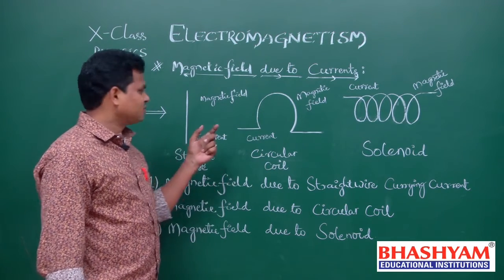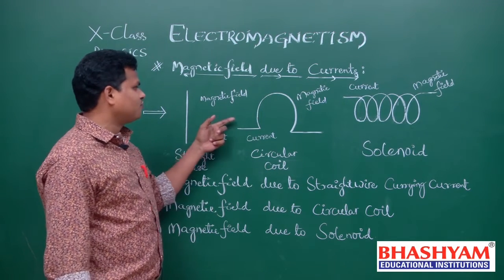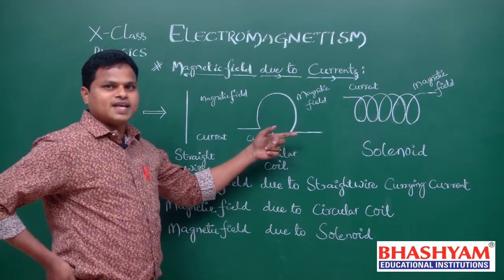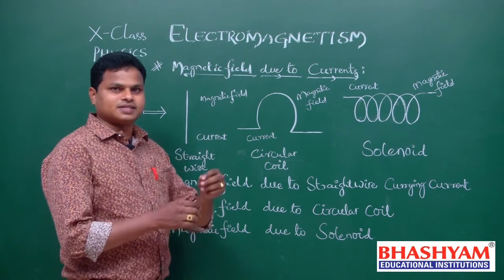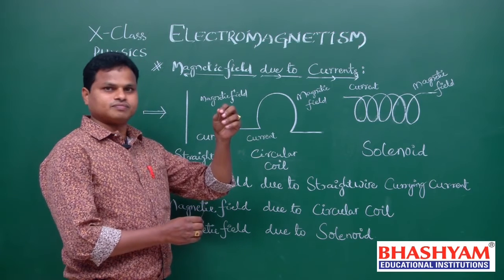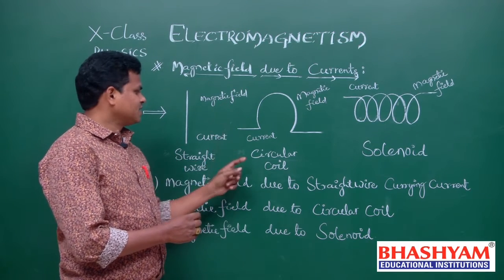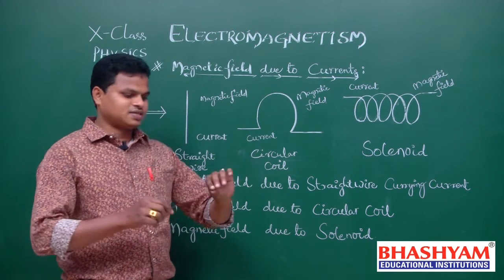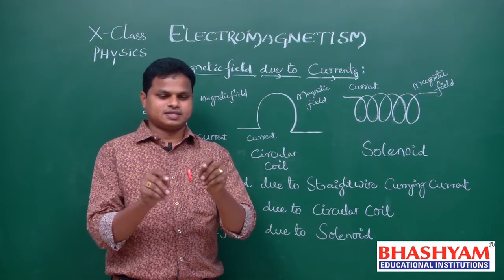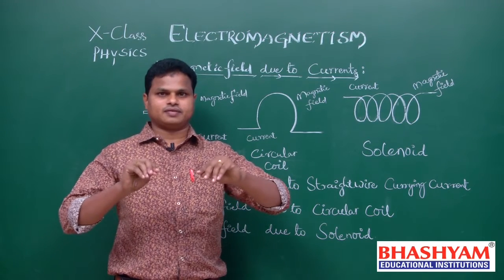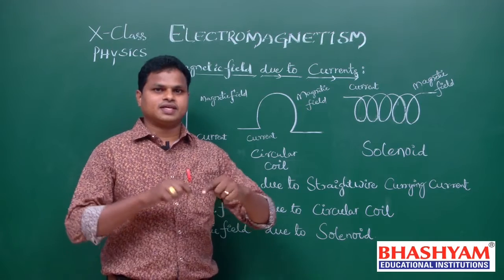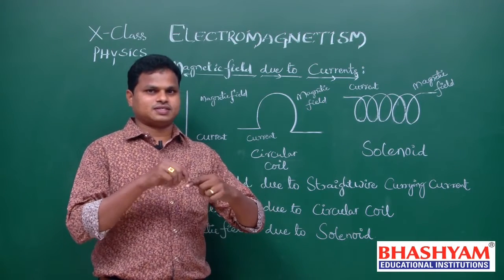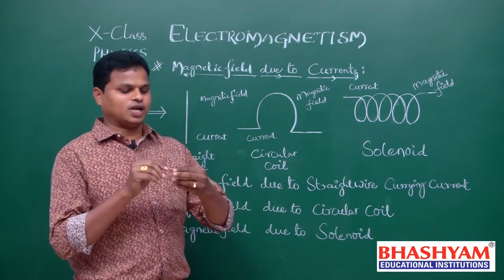If you take three different shapes of wires, one is a straight wire, like that. Second one is a circular coil, you make it like this. Third one is a solenoid, the arrangement like this. This is the solenoid.